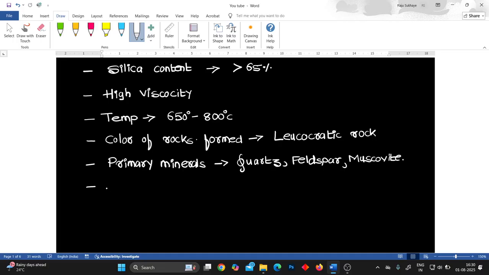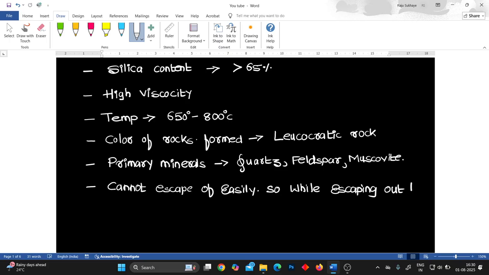So as there is a high silica concentration and the magma has become very viscous, that is thick, the gases present in this particular magma cannot escape out easily. Okay, so while escaping out, these gases make a violent explosive sound.